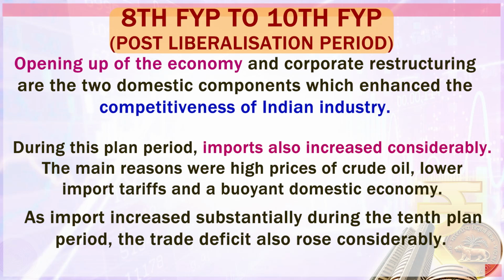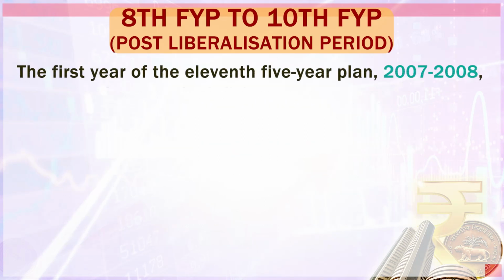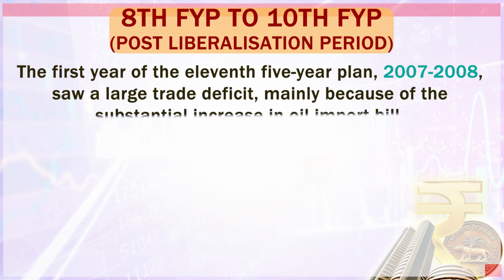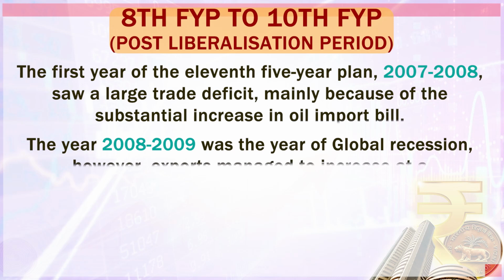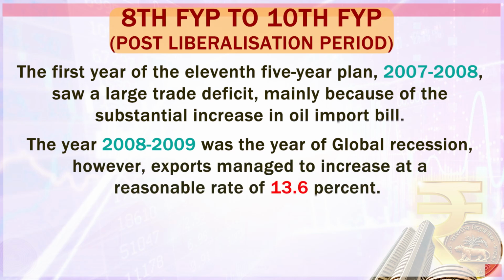So, as import was increasing and export was also increasing, however trade deficit was there, and trade deficit also increased during the 10th five-year plan. Now the 11th five-year plan started from 2007, and again it started with trade deficit. 2008 was another year where recession occurred globally, and obviously we expected that it would affect Indian export, but actually that did not happen.